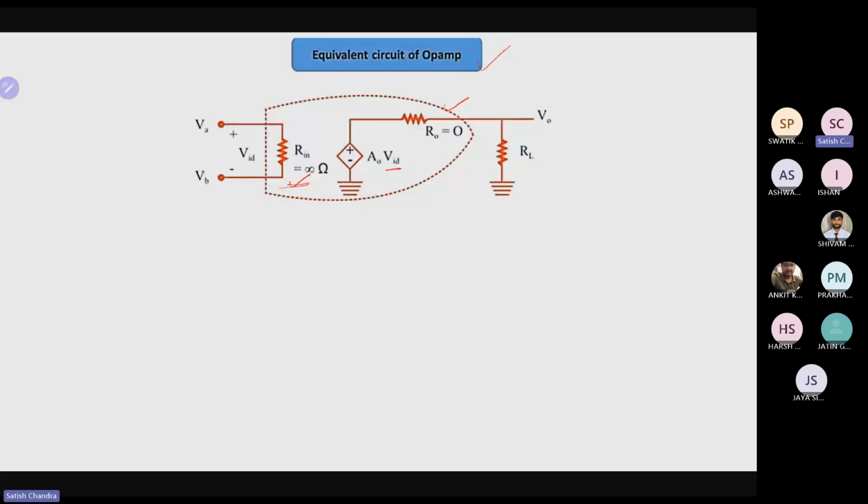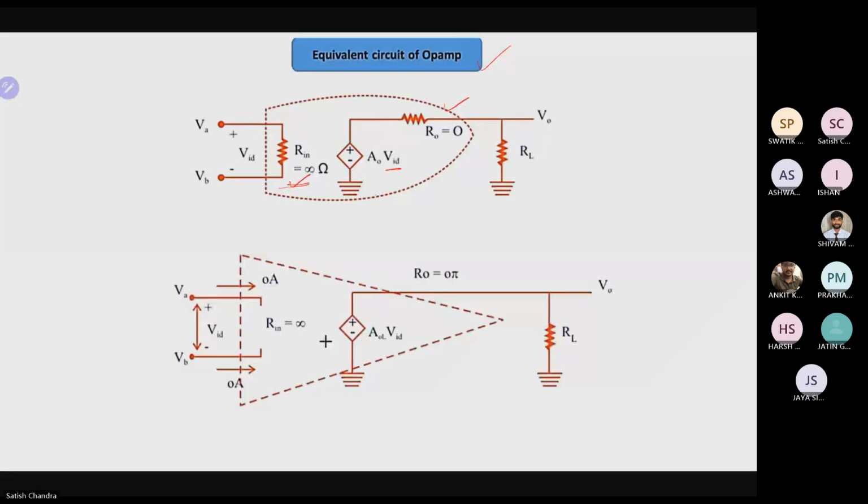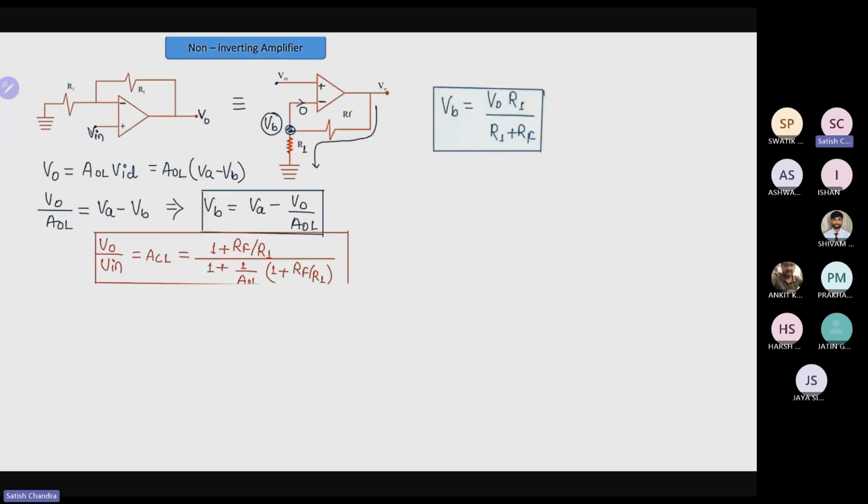So this is the equivalent circuit of the op-amp. The input terminals are represented with a short circuit. Basically, this is the equivalent circuit of the operational amplifier. Now check the non-inverting amplifier.